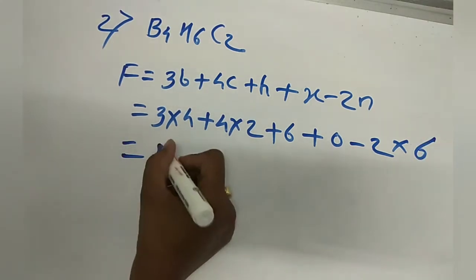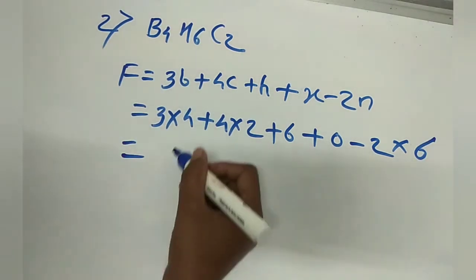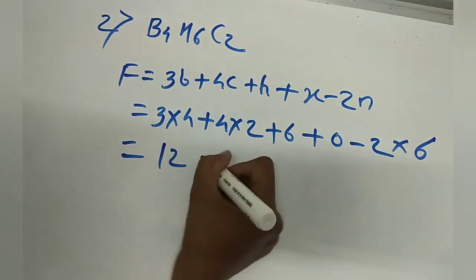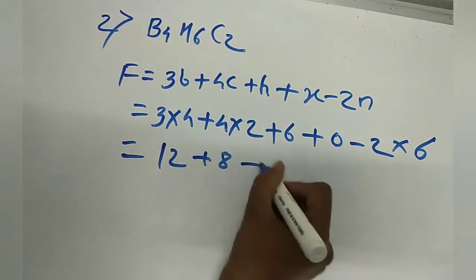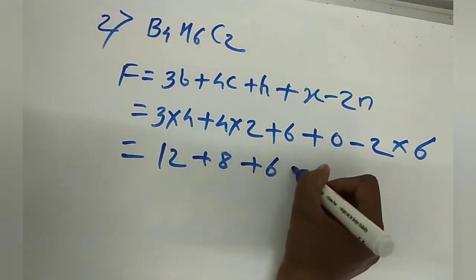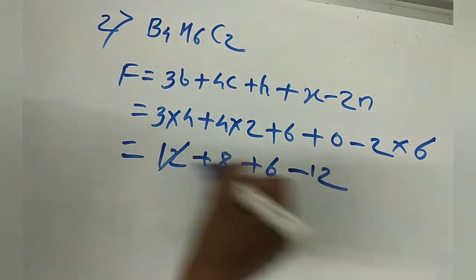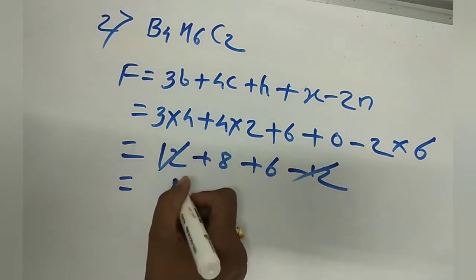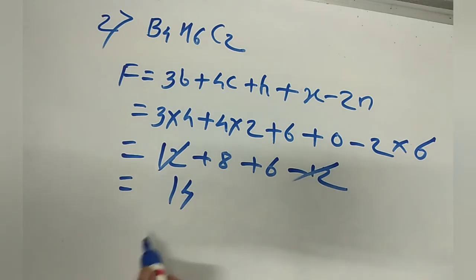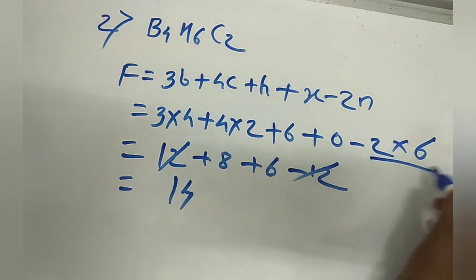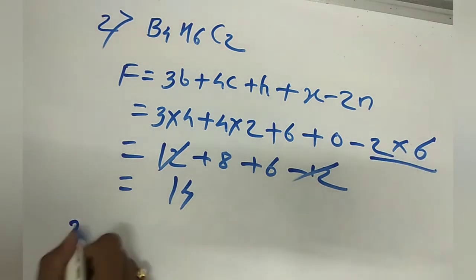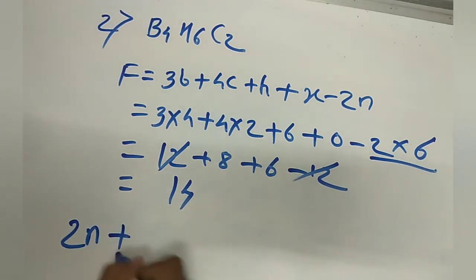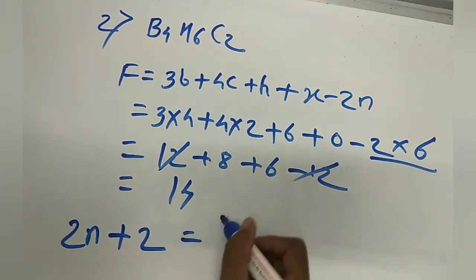After calculating this, 12 plus 8 plus 6 minus 12, we are getting the answer 14. So here 2n is 12, and to get the 14 we have to add plus 2.